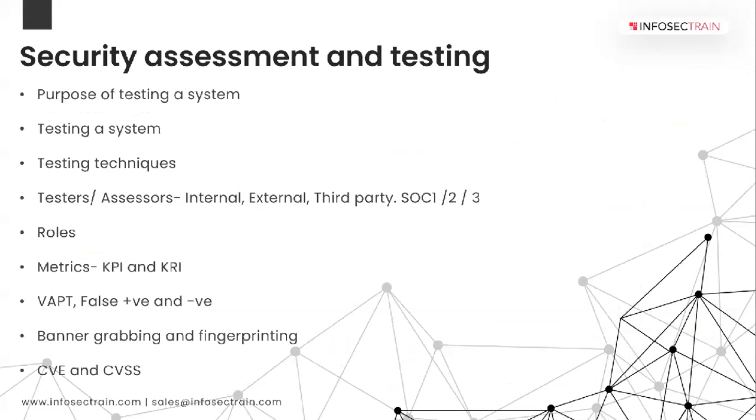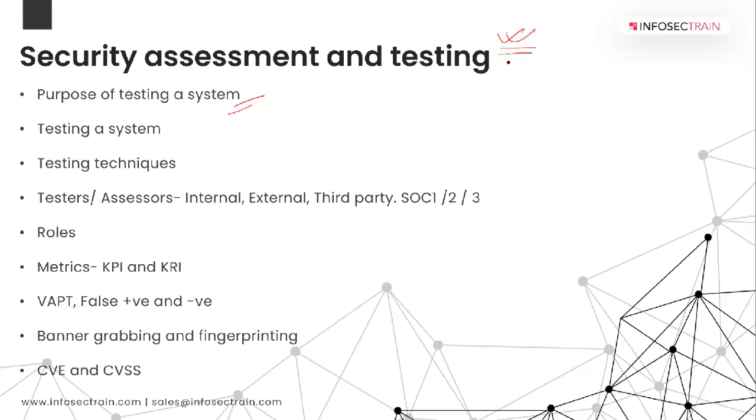Security assessment and testing. So how does it link with why do we need to do the assessment or testing? Why do we do that? We do that because since the beginning we've been talking about what the risk appetite of an organization is.